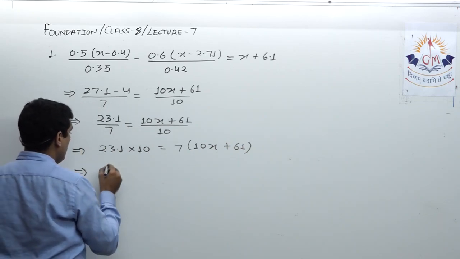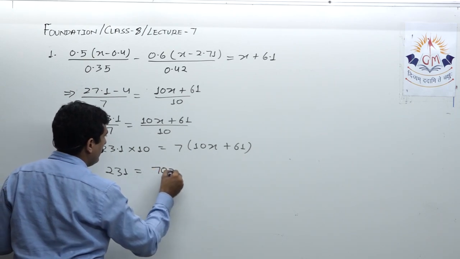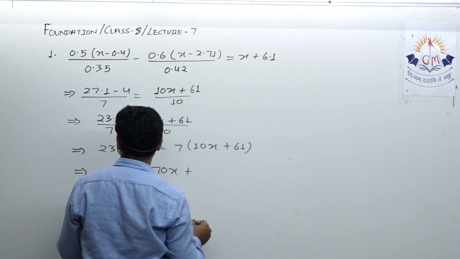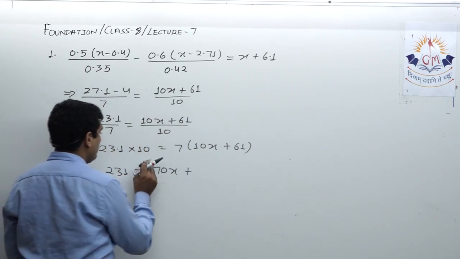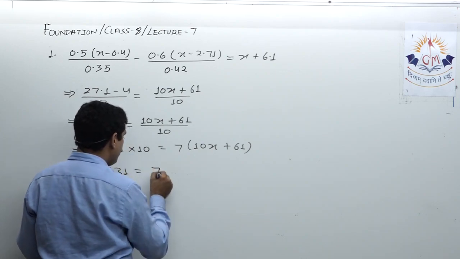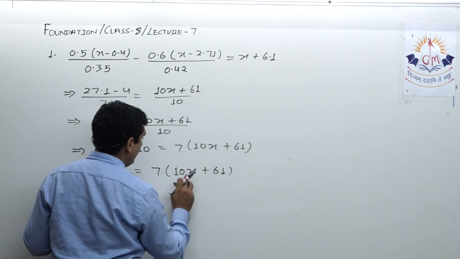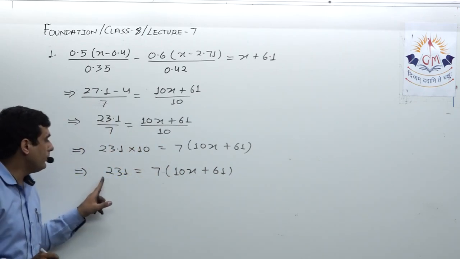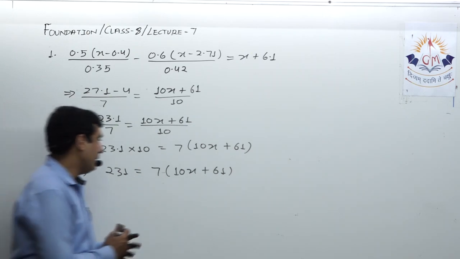So here 231 and over here 70x plus 70x. Or I can do one thing more that will save my time. I take this 7 on this side because this number is divisible by 7, and then I will take that 61 on this side.